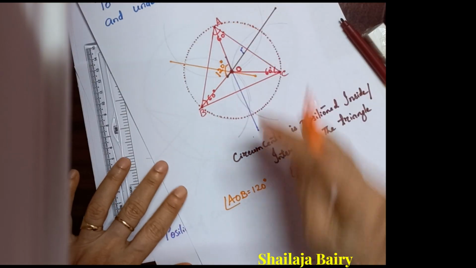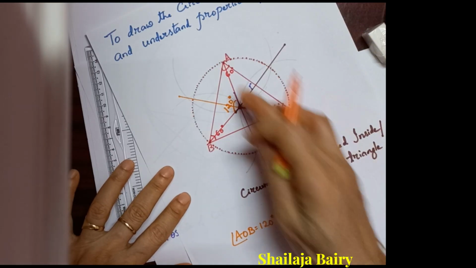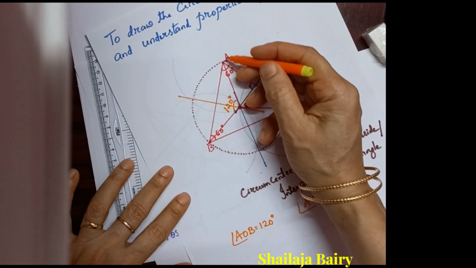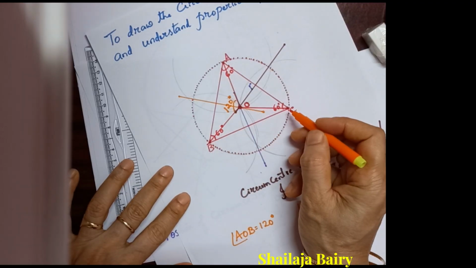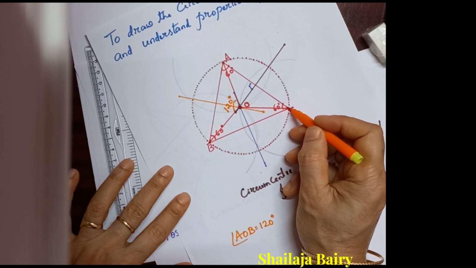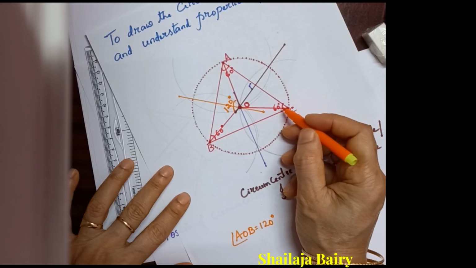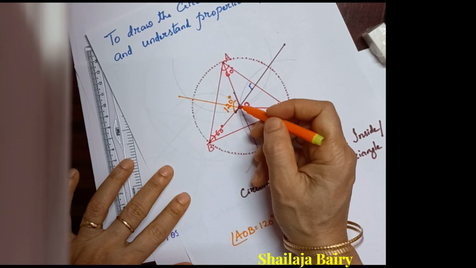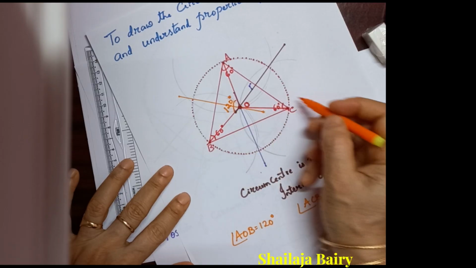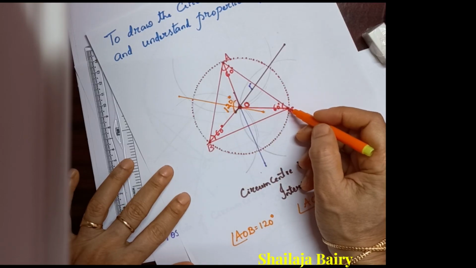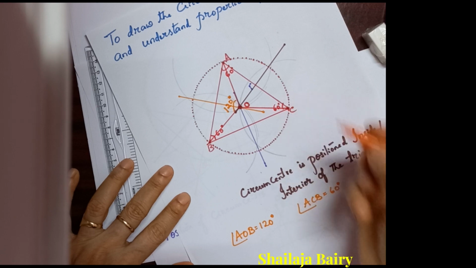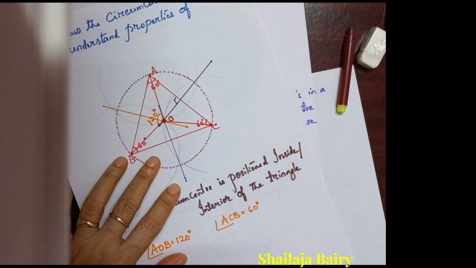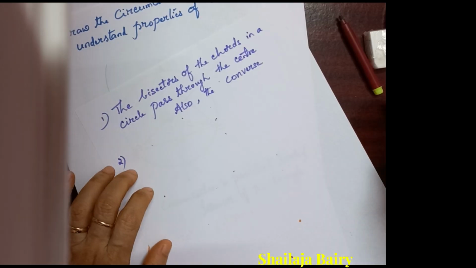This is telling us the angle subtended by the chord AB at the point C, that is at a point on the circle, is half of the angle created by the same at the center, or the central angle is double when compared to the angle subtended at any other part of the circle. So this is an illustration of the central angle theorem. So one more property is the central angle theorem.